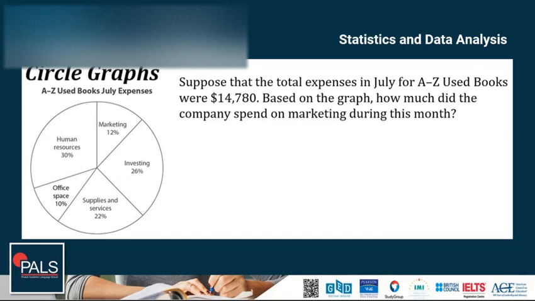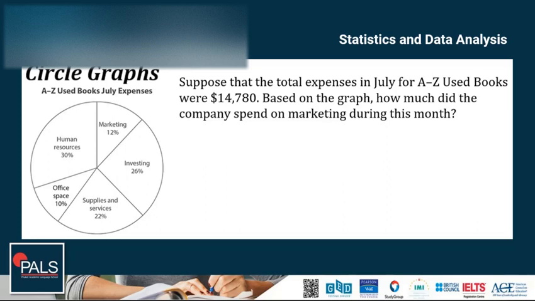Suppose that the total expenses in July for A to Z Used Books were $14,780. Based on the graph, how much did the company spend on marketing during this month?